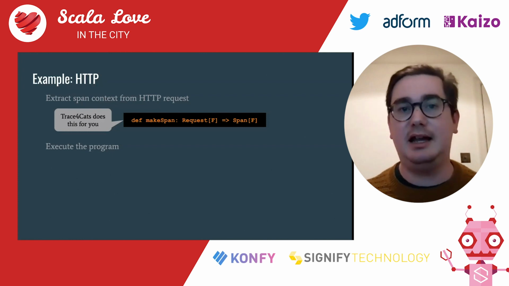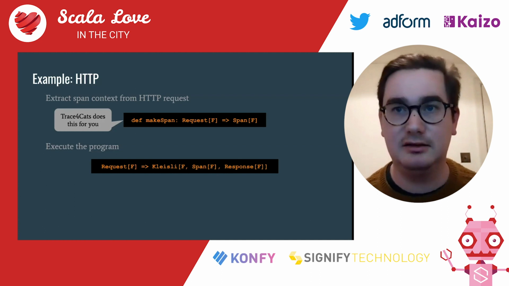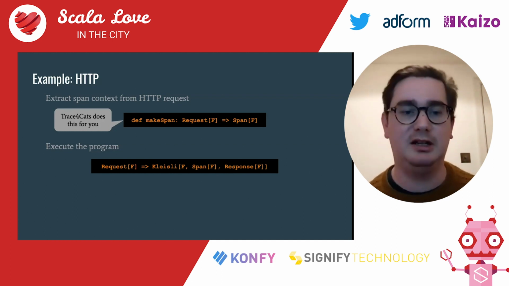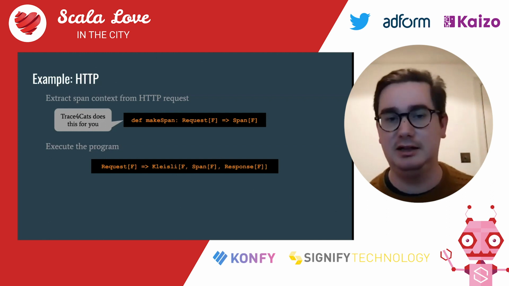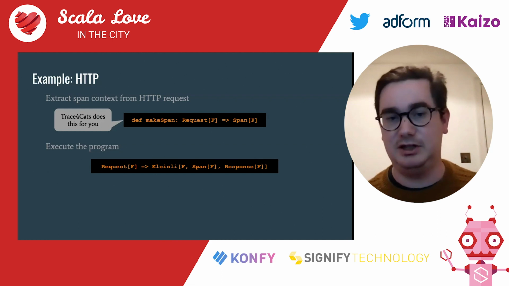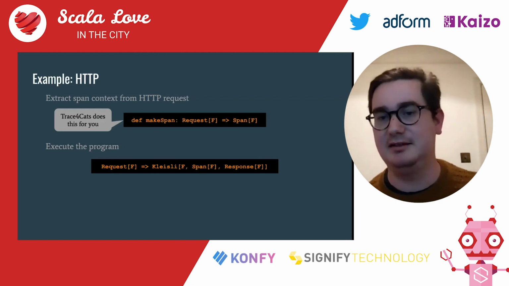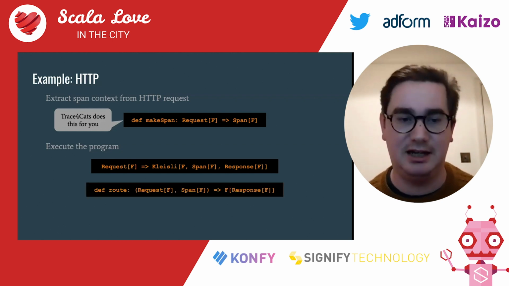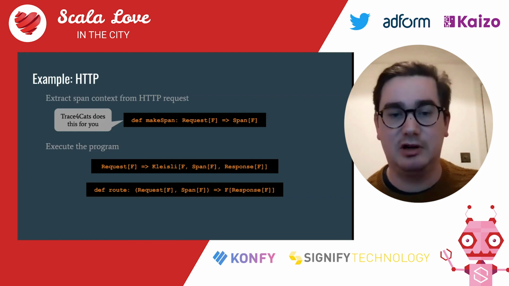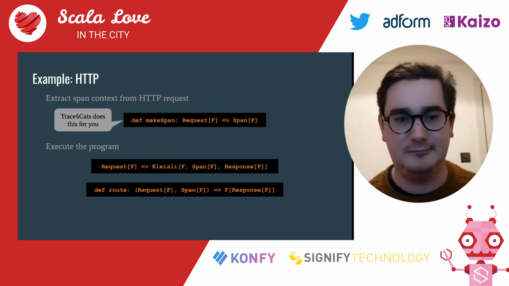And then you want to execute your program. So your program should look something like this. I'm using Kleisli here, and your program is: I've got a request coming in, and then I want to use that to go to a Kleisli, which needs a span to go to a response. So if we expand that, and we'll call it a route, we need a request and a span, and then that gives us a response.